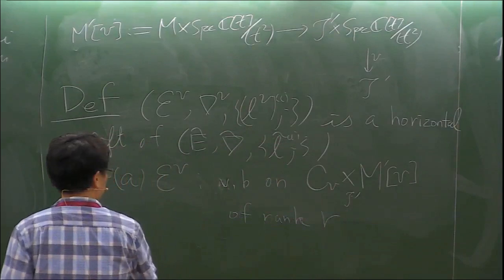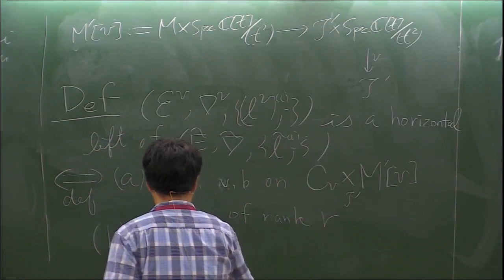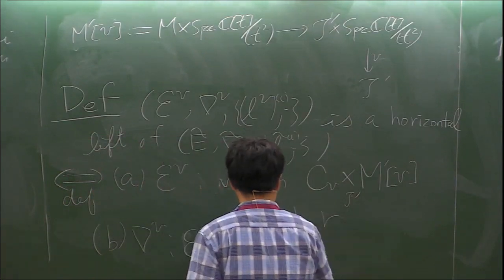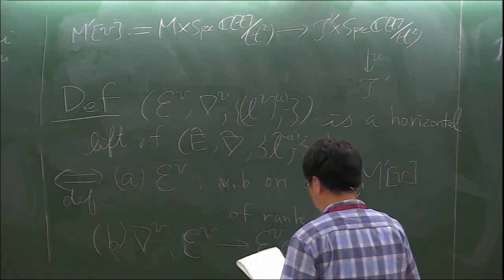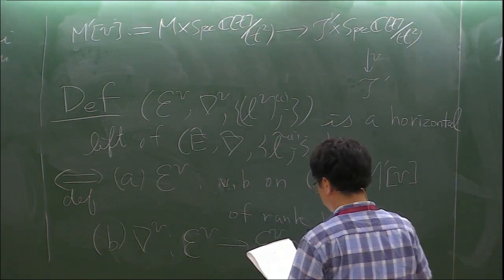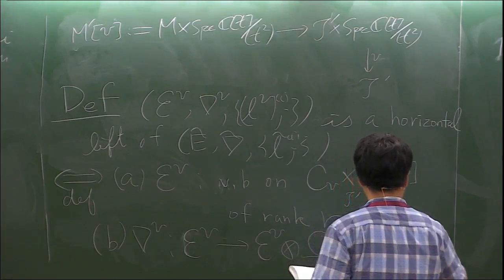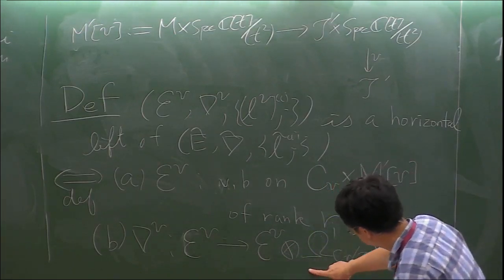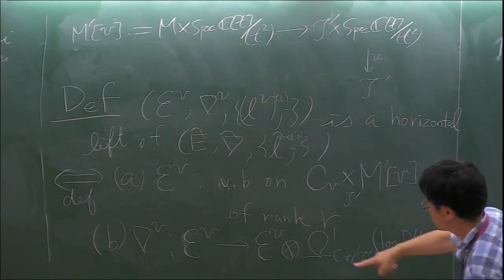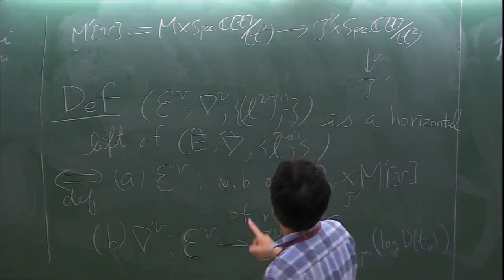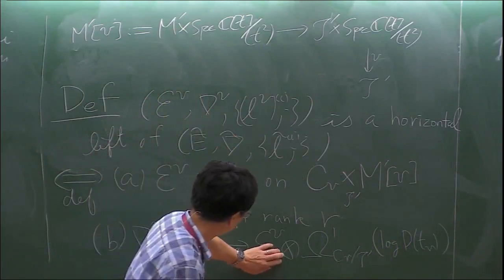And nabla V is a logarithmic connection with values in Omega 1 CV over T prime log dTV. Precisely, we pull back this logarithmic differential to M prime V and tensor with EV.